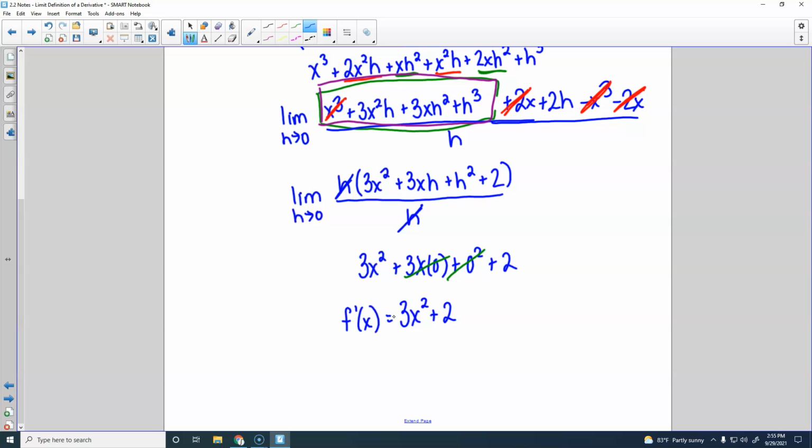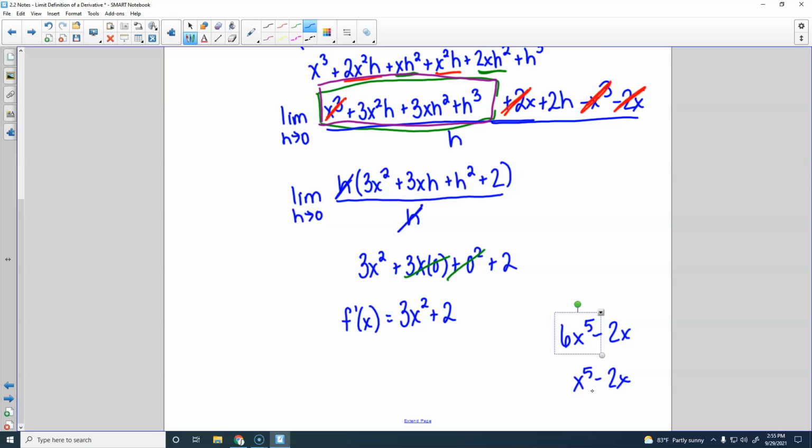You can shortcut it. All right, what about 6x to the 5th minus 2x? Not 4x. 5x to the 4th.